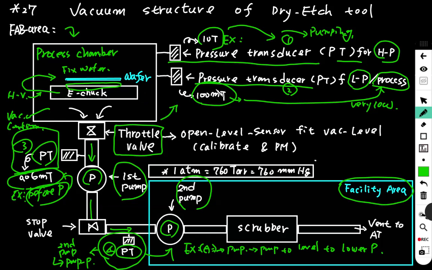We can start the etching process, and for the processing pressure we use the very low pressure transducer number 2 to detect the process pressure in the chamber. So this is the structure.